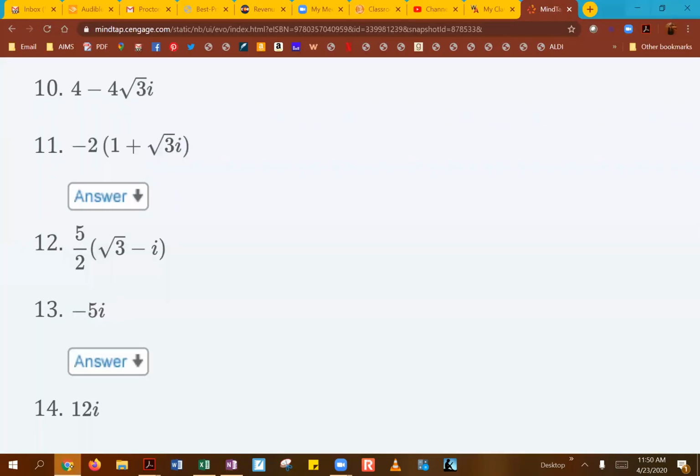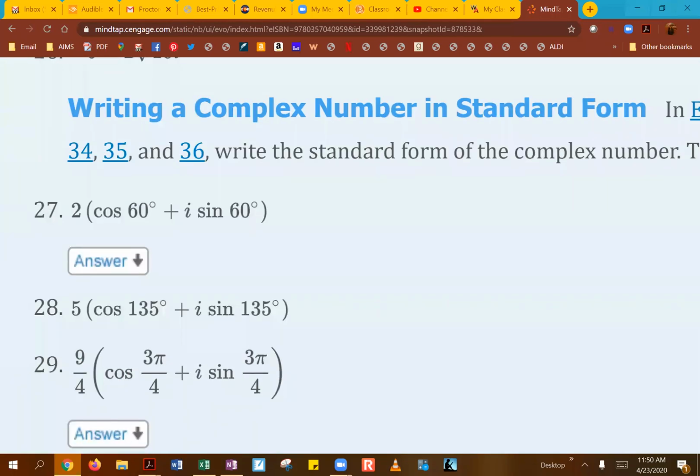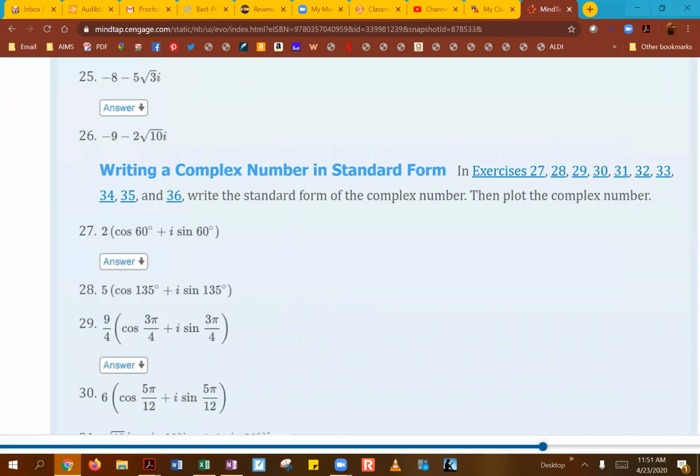Now let's look at this one here. Here they're actually giving you the complex number in the trigonometric form, and they're asking us to rewrite this in the standard form, and then of course plot the complex number.